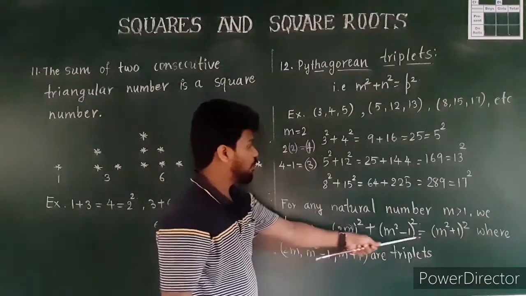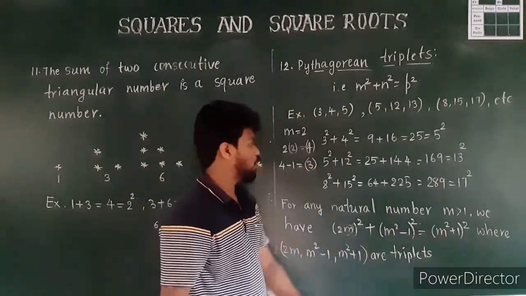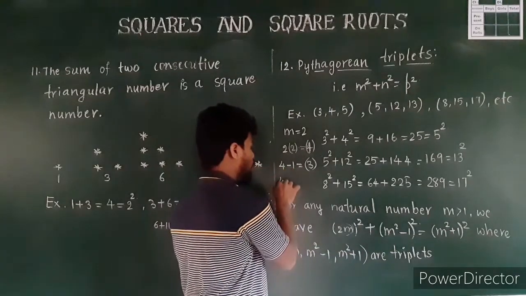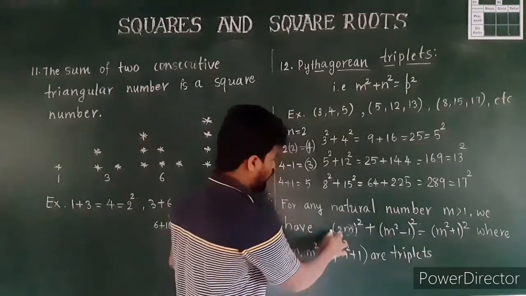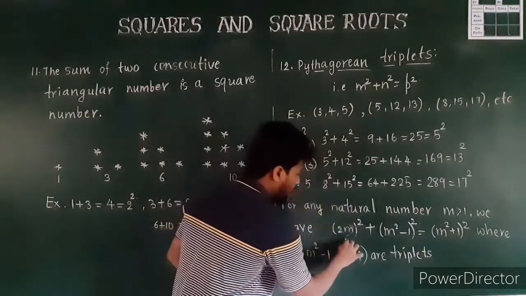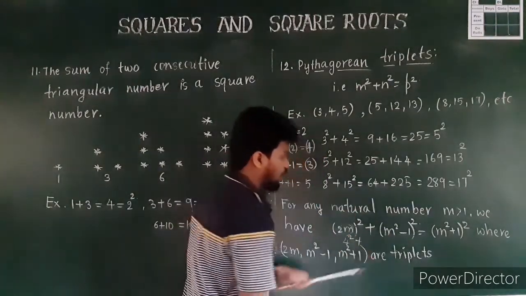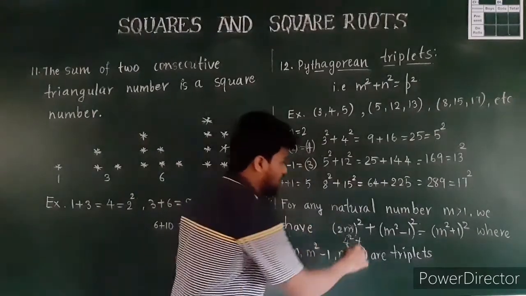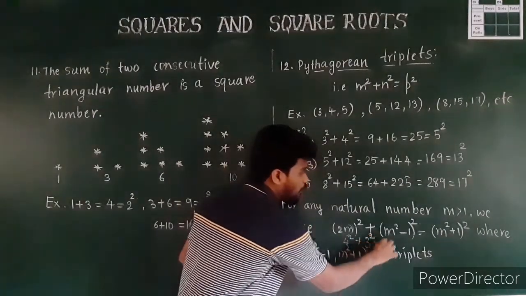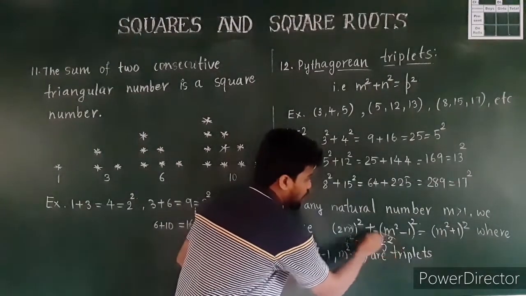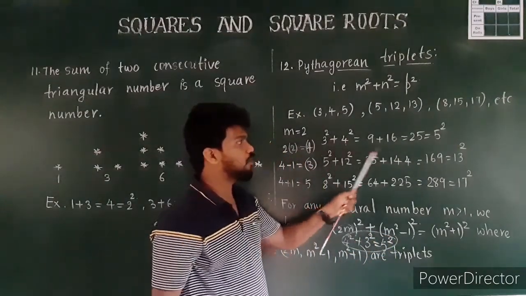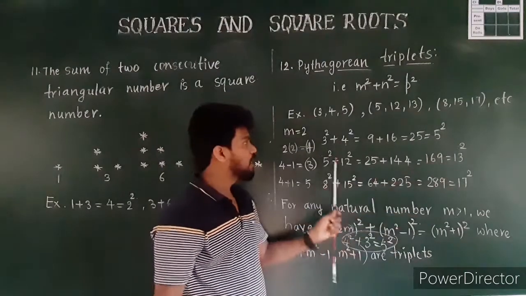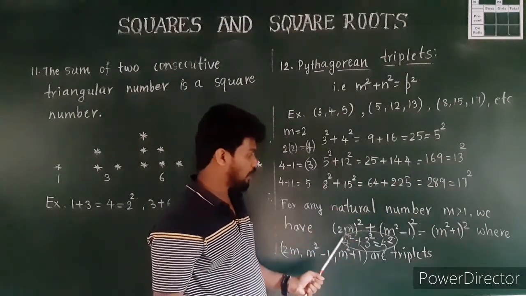Then m square plus 1: m square is 4, plus 1, that is 5. So you see here 2m, which is 4, square plus m square minus 1, which is 3, square is equal to 5 square. That is the same relation we had before, 3 square plus 4 square is equal to 5 square.